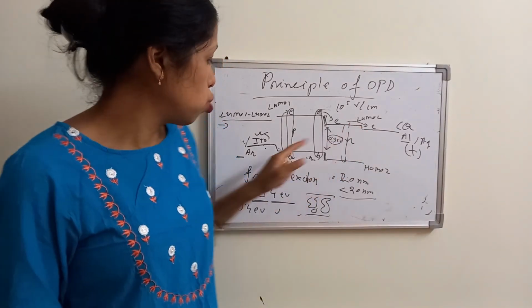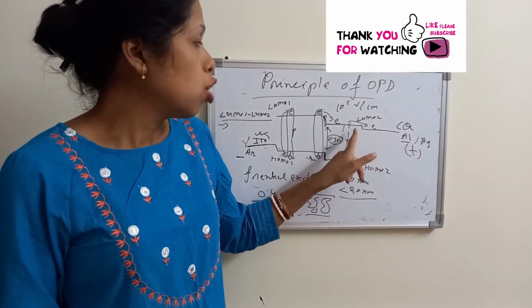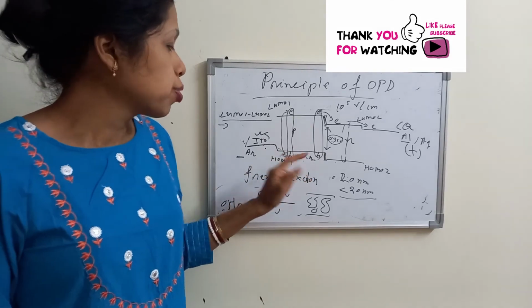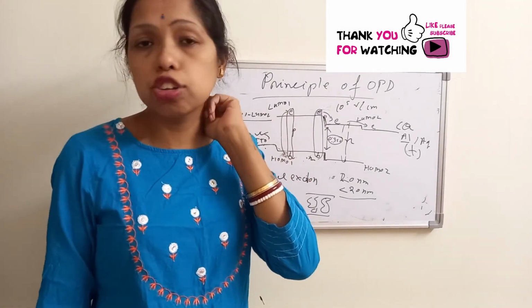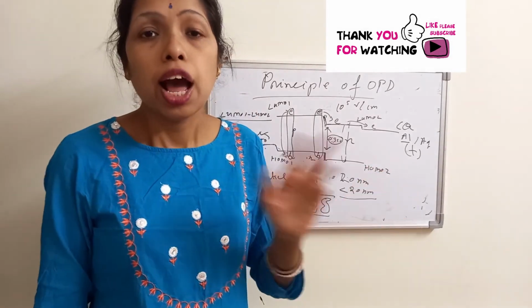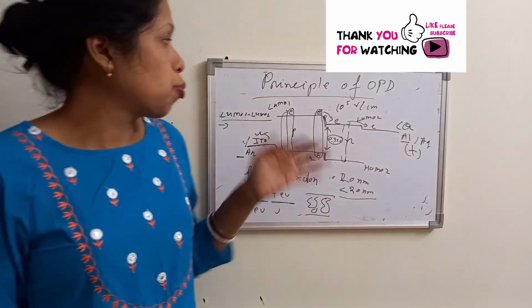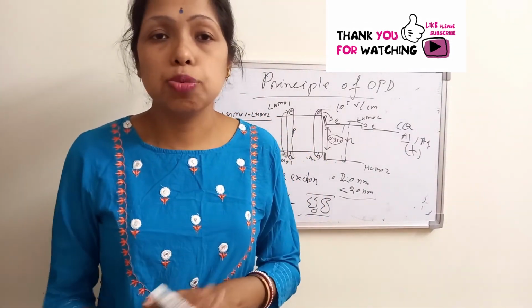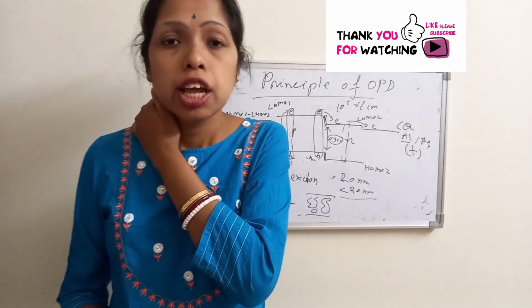For that we have to use an interlayer between the n-type semiconductor and the cathode layer, and between ITO and the p-type semiconductor. I will discuss what kind of materials we can use for these additional layers. So this is about the principle of the organic photodetector. In the next class I will discuss the structure of the organic photodetector, like the bulk structure and mixed structure. Thank you.